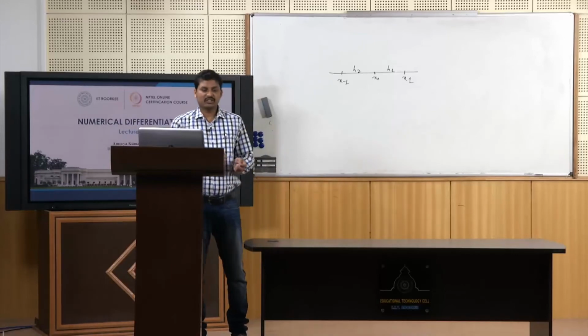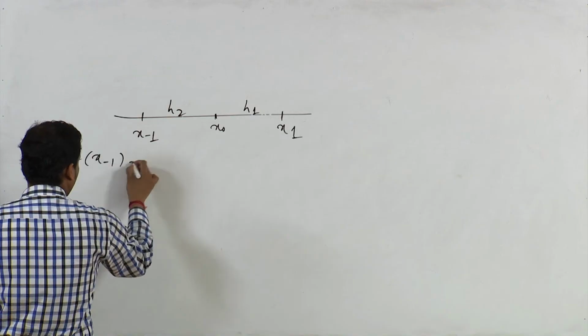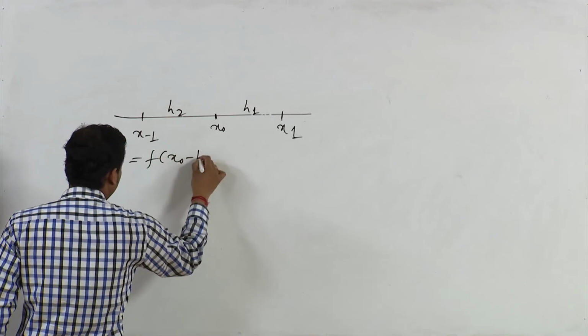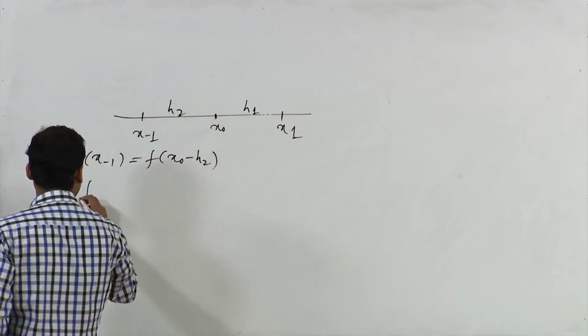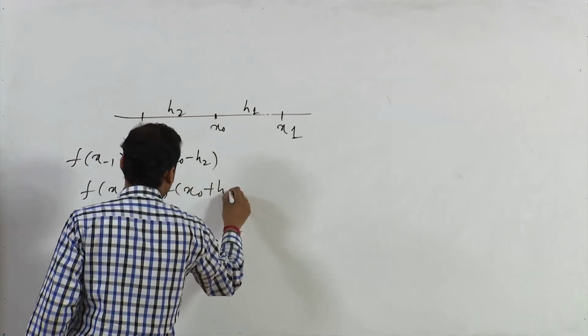At that point we can use the Taylor series expansion: f of x of minus 1 as f of x0 minus h2. Similarly, f of x1 we can write as f of x0 plus h1 here.